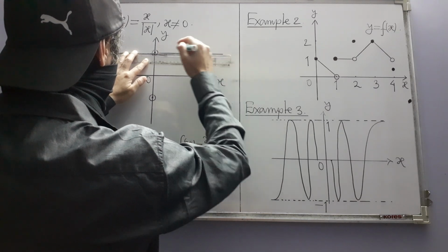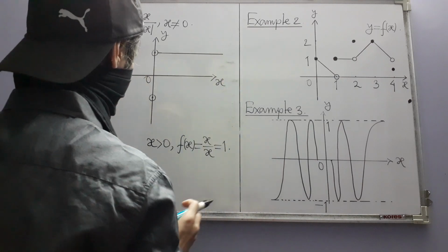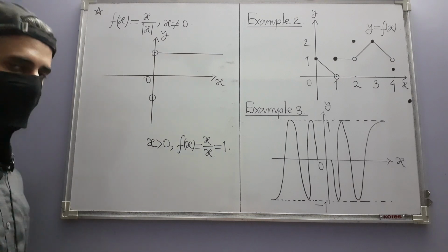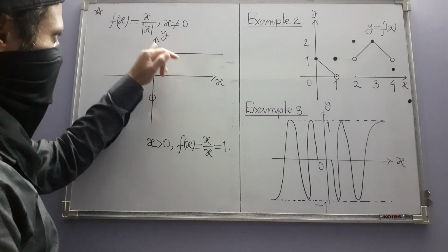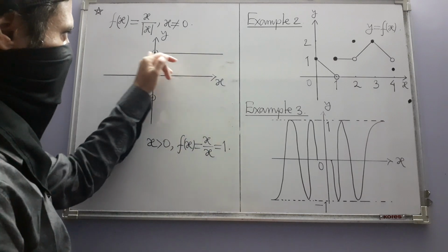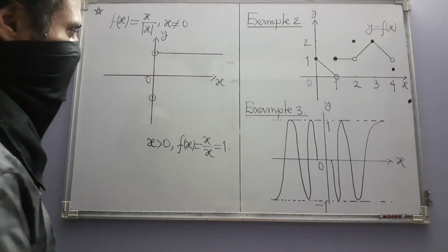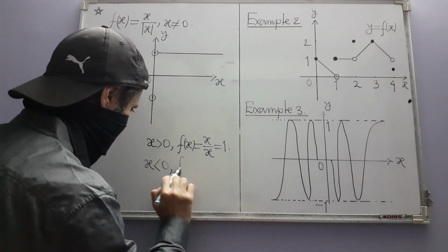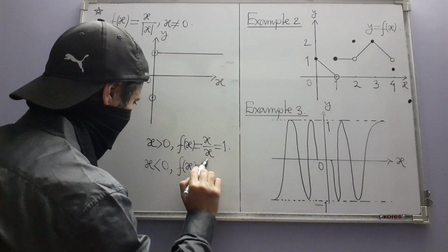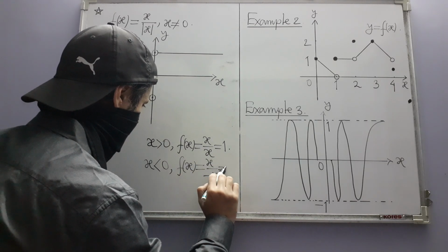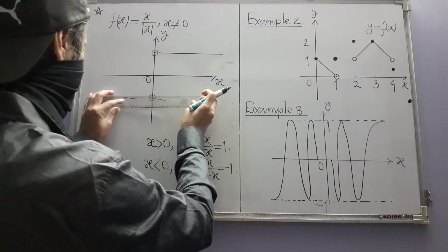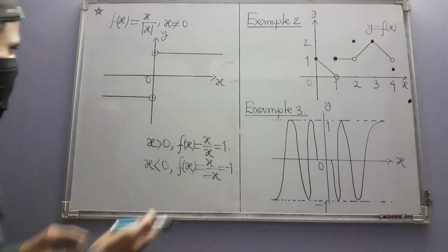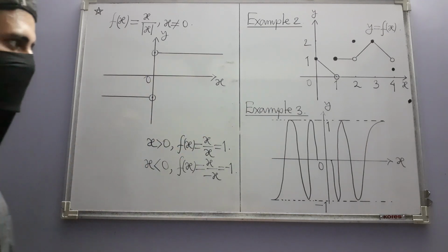But because it's to the right of 0 and not at 0 itself, the line cannot touch the y-axis, and that's why we are putting this circle in order to prevent this line from touching the y-axis. Similarly, when x is less than 0, then the value is constantly -1. So this time this is the graph.